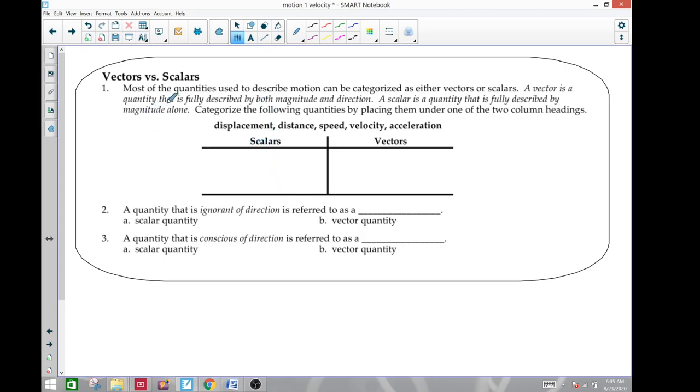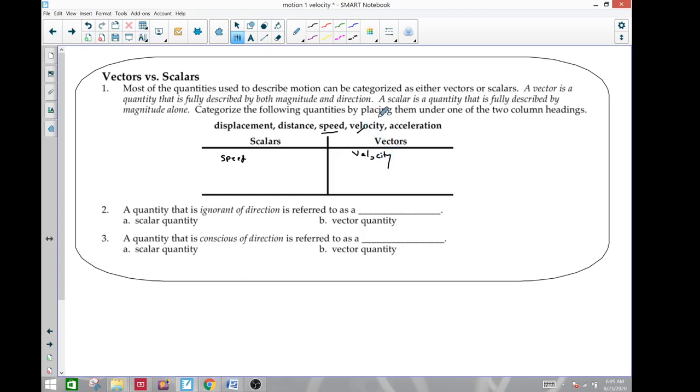Most of the quantities used to describe motion can be categorized as either vectors or scalars. So categorize these. You may be familiar with some, you may not be. Let's grab speed. We know it is a scalar. Velocity would be a vector.